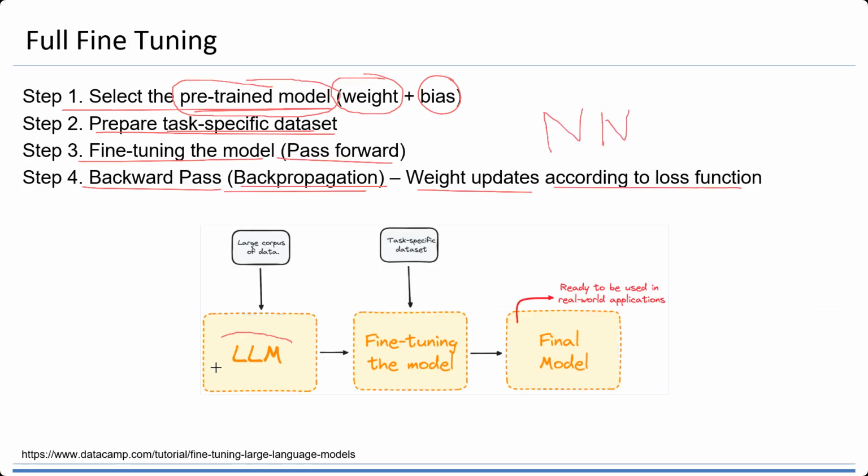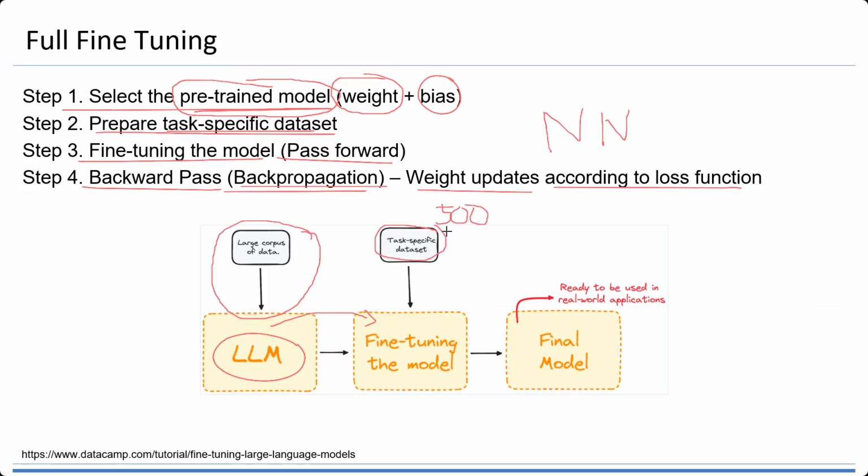Now you can see there are many kinds of LLM nowadays. We can use OpenAI, DeepSeek, BERT, and so on. We call this the large corpus of data. And we pass forward along with the task-specific dataset. If you cannot get a lot of data, maybe you say, Professor, I have only 500 data, is it enough?